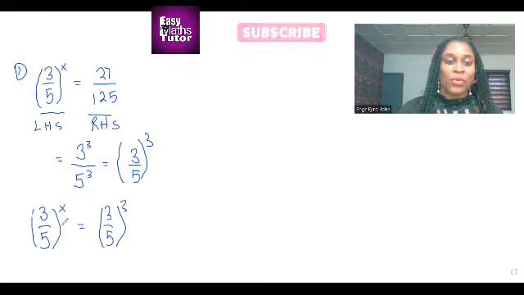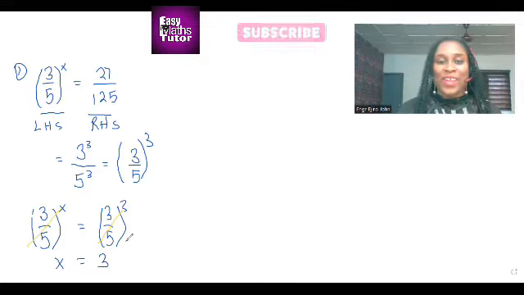It's looking all good, right? So if you cross out this base on the left-hand side and cross out this base on the right-hand side, you are going to be left with x equal to 3, and that is our final answer. Yippee!